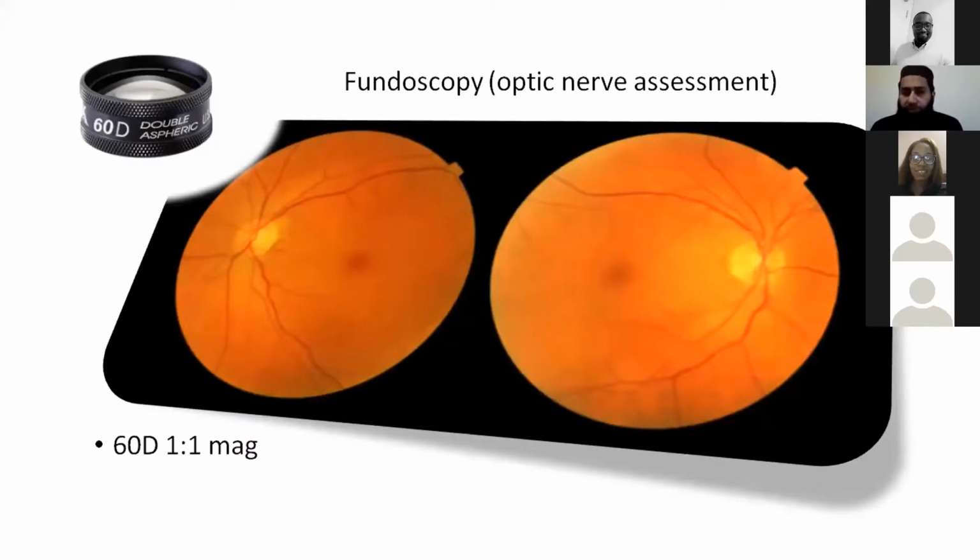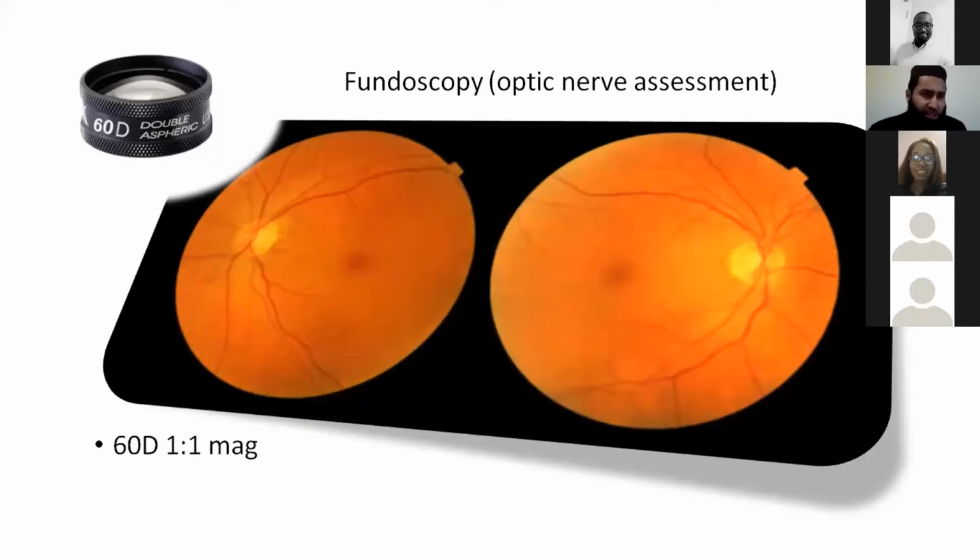We need to look out for the neuroretinal rim. Is there any notching? Is there any change of color? And also, is the disc looking too deep, too big? There are certain features, and when we go through how to analyze the results, we will talk about that later. But fundoscopy is very, very important.